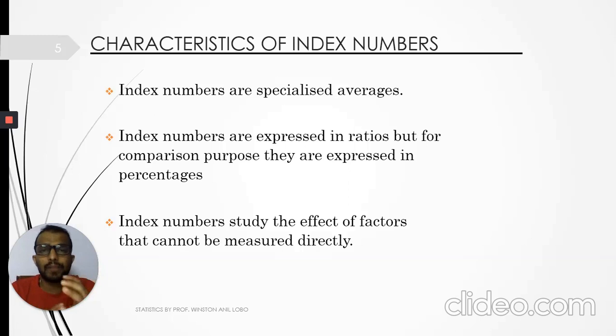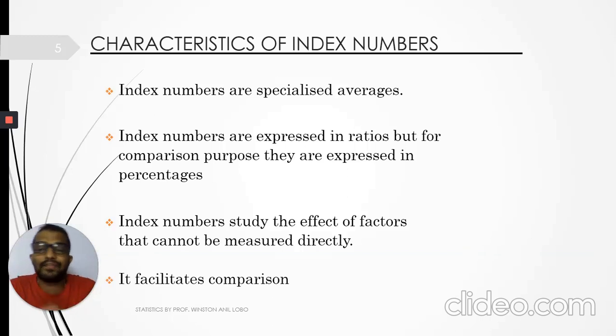So how can I compare, sir? Does the rainfall have any effect on the cultivation of paddy or ragi? This can be done with the help of index numbers. It studies the effects of factors that cannot be measured directly. We cannot directly measure how much rainfall is affecting the cultivation of paddy or ragi. But with the use of index numbers, we can see the cause and effect relationship between two things.